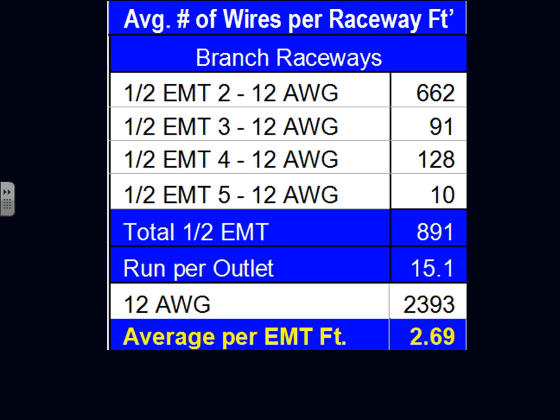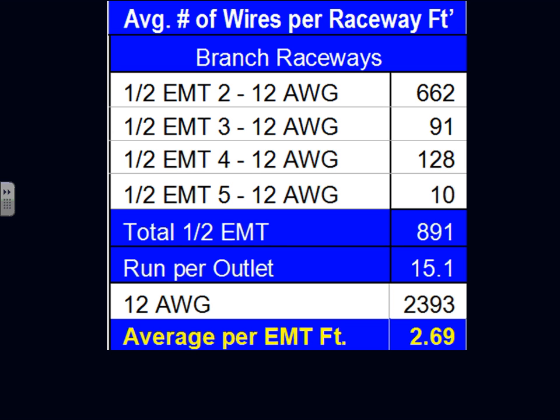Number 12 conductor is 2,393. So they take the feet of conductors divided by the feet of conduit. How many feet of wire do you have for this project divided by how many feet of EMT conduit you have, and that will give you an indication: 2.69.